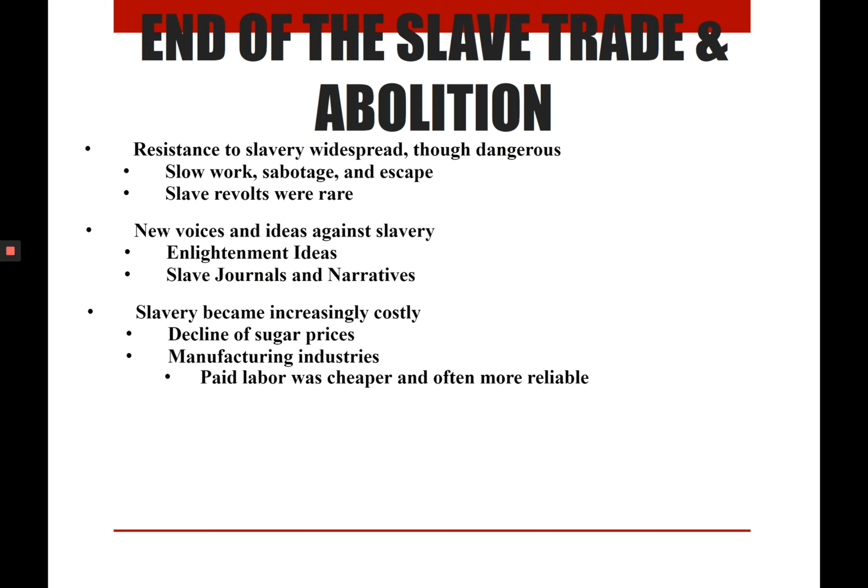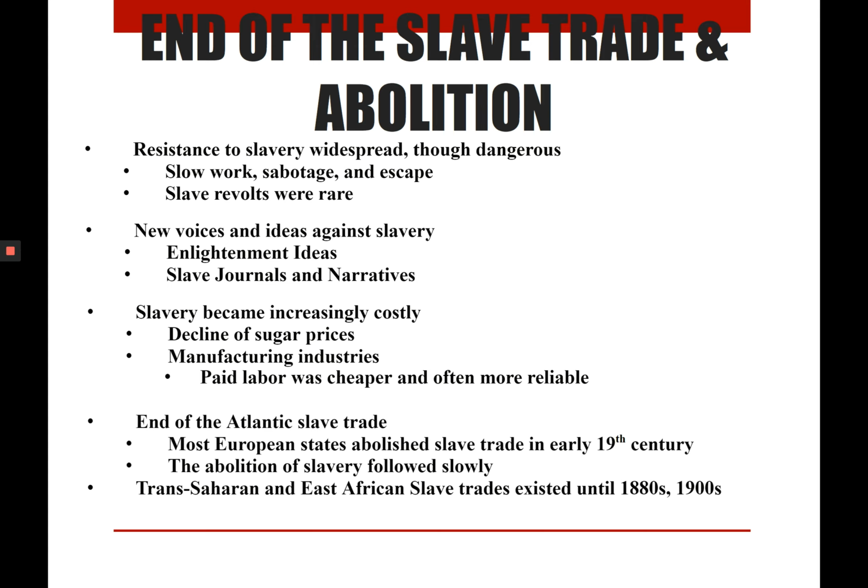And so it got to a point to where it was actually cheaper to pay people to work rather than purchase slaves. And so these are things that are going to help pave the way for the eventual end of the slave trade. And then instead of exploiting Africa for slaves, Europe is going to exploit Africa for raw materials.